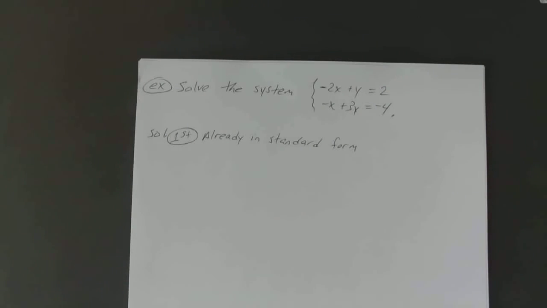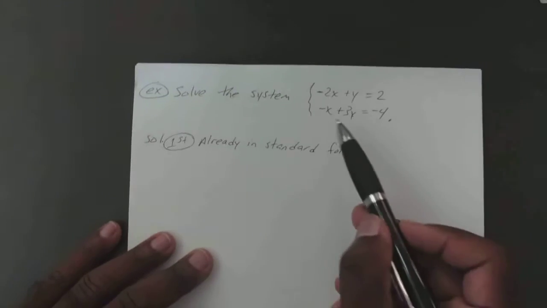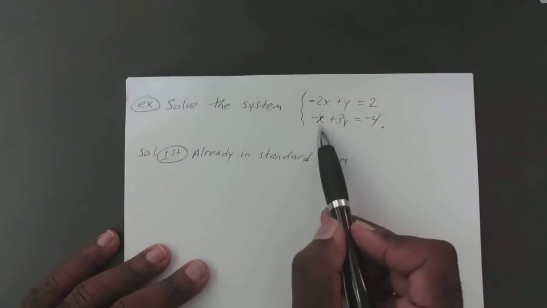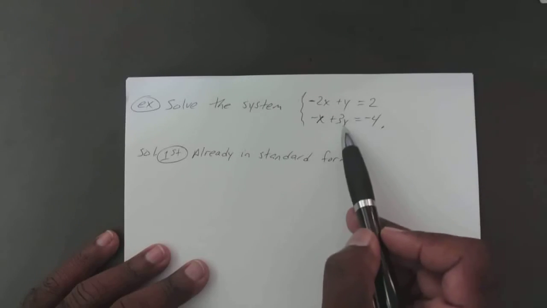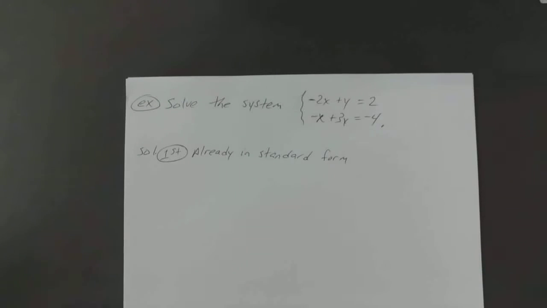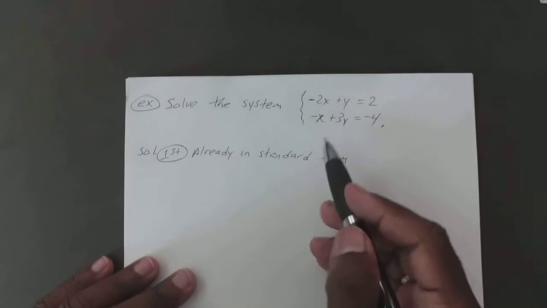Okay, now the second step is you want to be able to add them together so one of the variables disappears. If you add the x's together, bring that down, it wouldn't disappear. If you add the y's together, it wouldn't disappear. So you have to figure out some way to make it to where either the x values or the y values have the same coefficient but different signs.